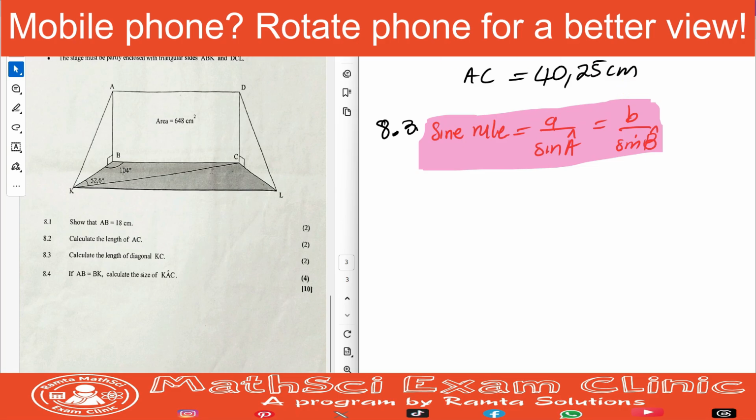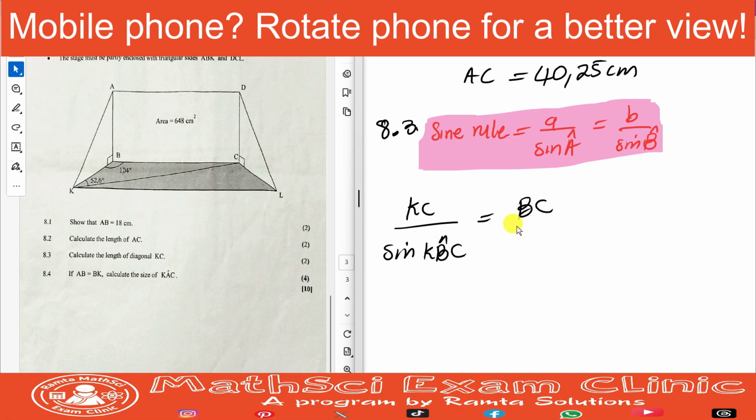Now let's go. We need KC. We will say KC over sine angle KBC, KC is opposite angle KBC, and then we have BC. BC is opposite the angle BKC, right?